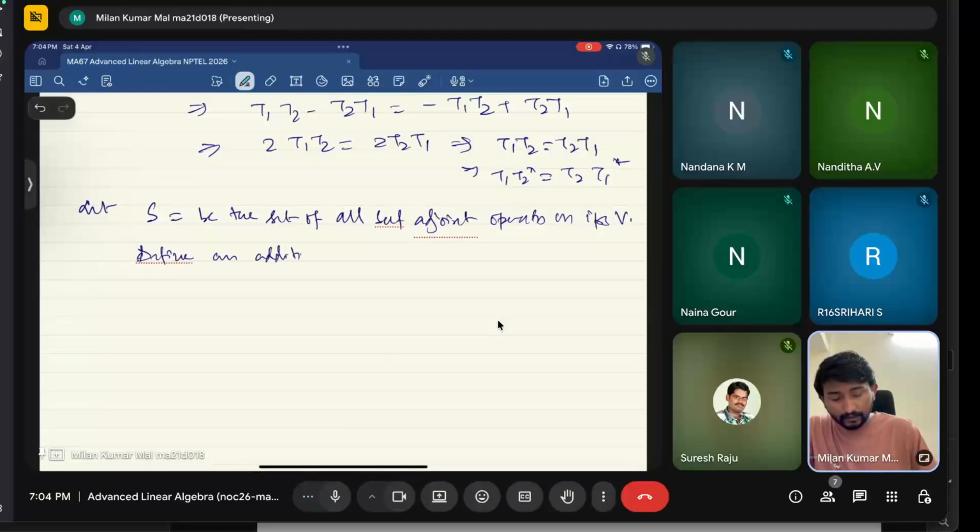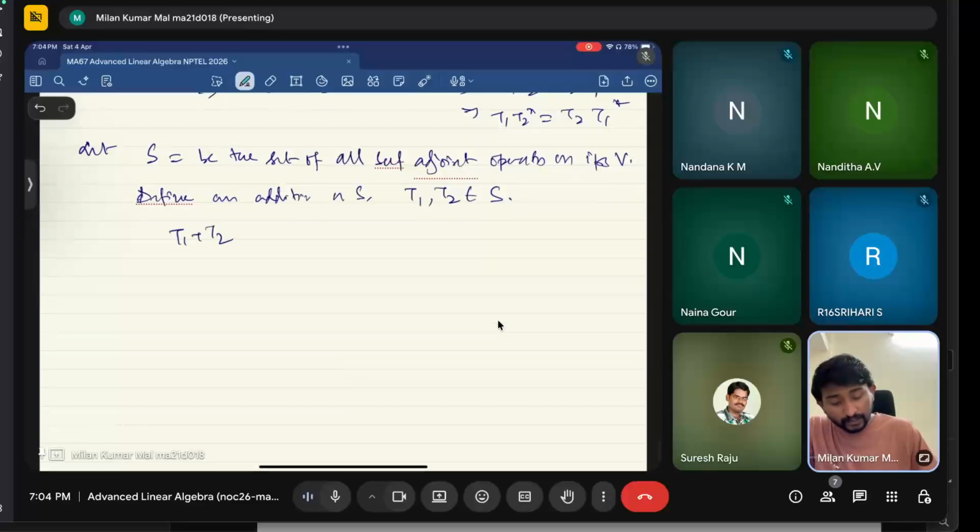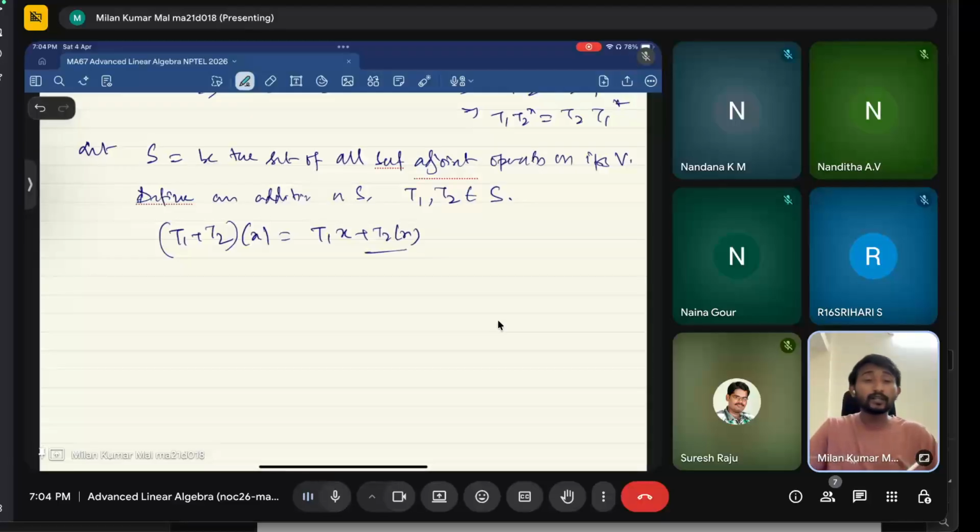Define an addition on S by like this: T1, T2. If I take two elements coming from S, they are self-adjoint already. Then T1 plus T2, this is a new element I want to define, that has to be equal to T1x plus T2x. So the first question is, if I take two elements, whether their addition is there or not.